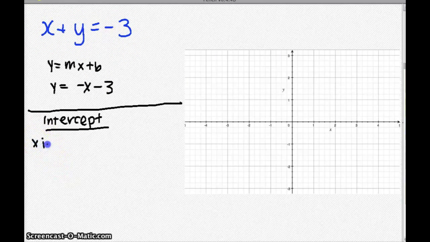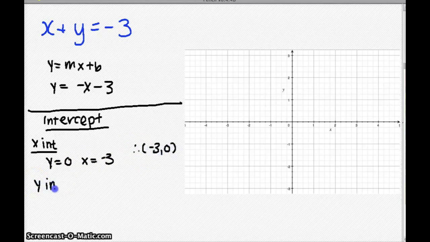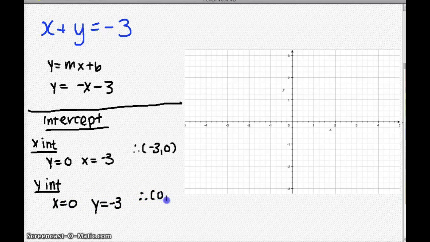The x-intercept is when y equals 0, so x equals -3. So we have the point -3, 0. The y-intercept is when x equals 0, so y equals -3, and we have the point 0, -3.